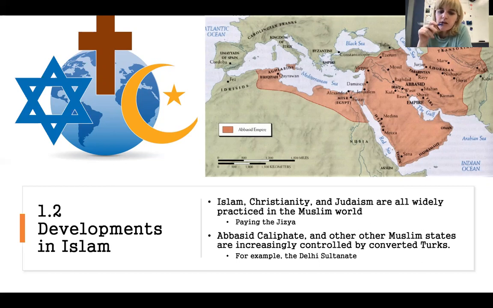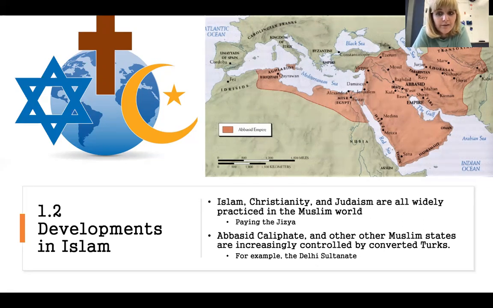Now, Islam, Christianity, and Judaism are all practiced within this Muslim world. And in fact, even though there are a lot of Islamic states, because they are empires and because they're tolerant, because they are inclusive, they are going to make sure they're inclusive of Christians and Jews.